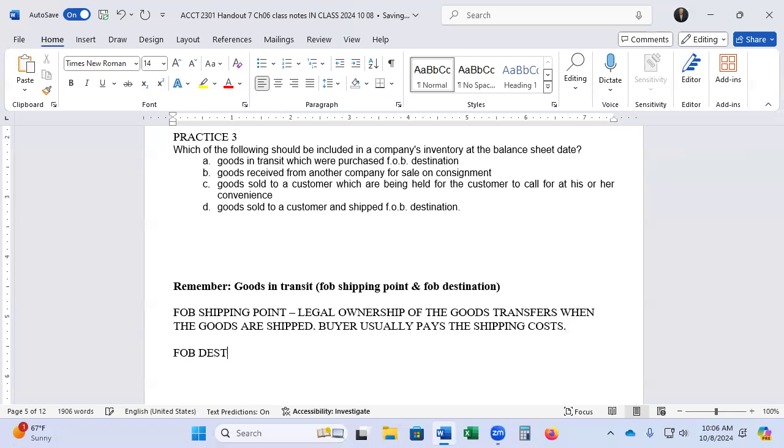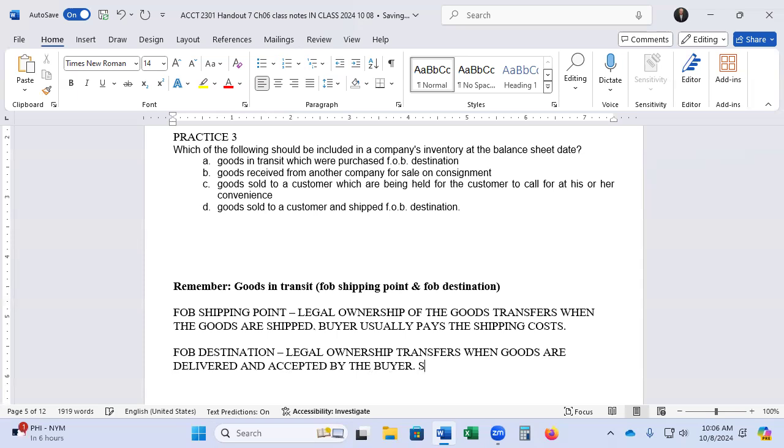FOB destination, legal ownership transfers when goods are delivered and accepted by the buyer. Seller usually pays shipping costs, but can bill the buyer.